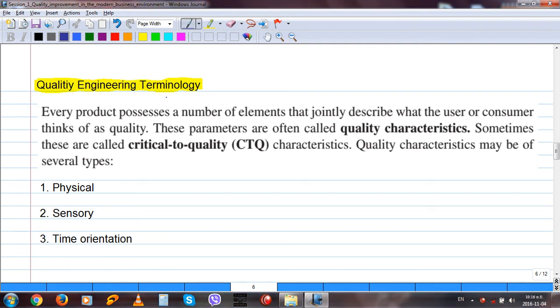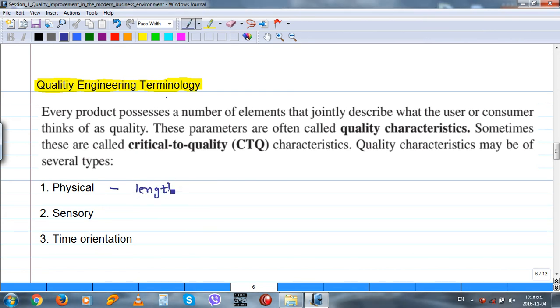Quality characteristics may be of several types. Basically, when we consider the quality characteristics, there are three types. Those are physical, sensory and time orientation. Physical characteristics means length, weight and voltage.